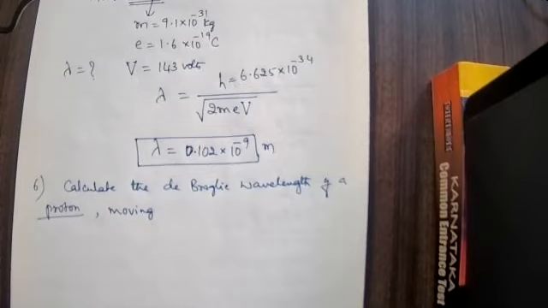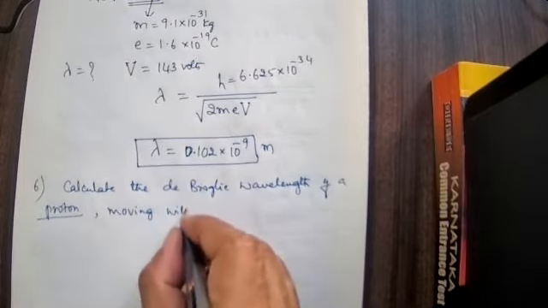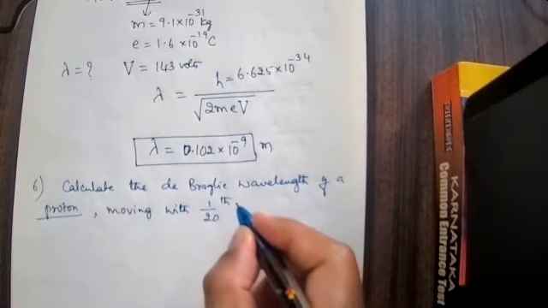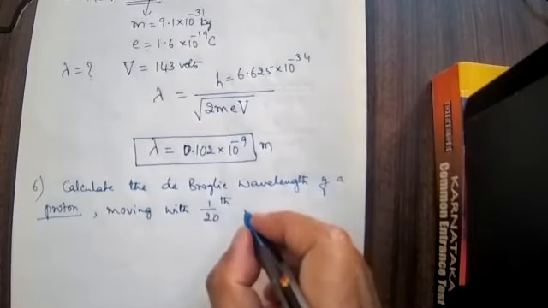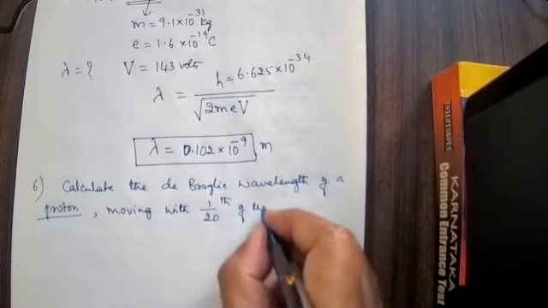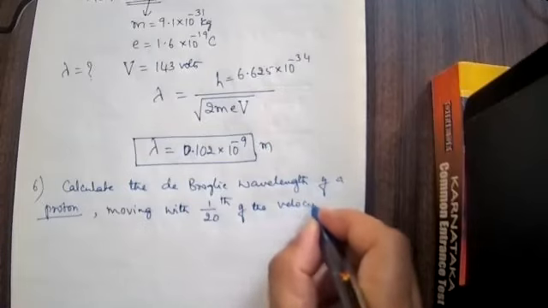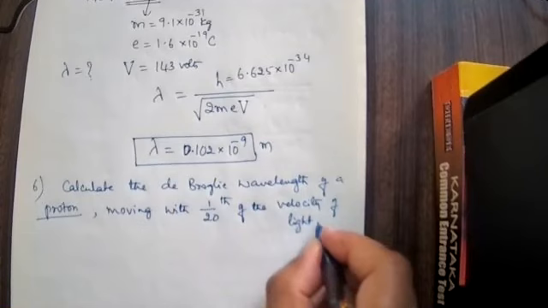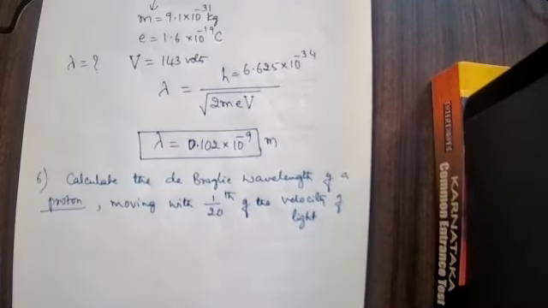Next question. Calculate the de Broglie wavelength of a proton moving with 1/20th of the velocity of light.